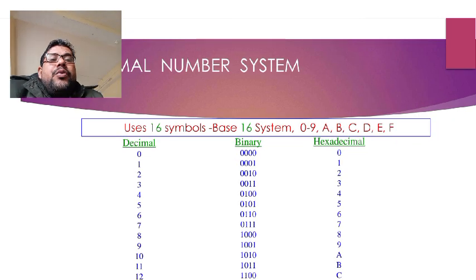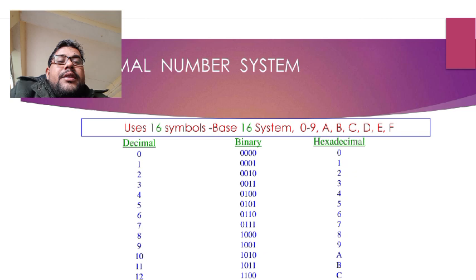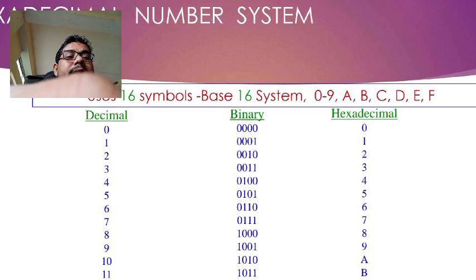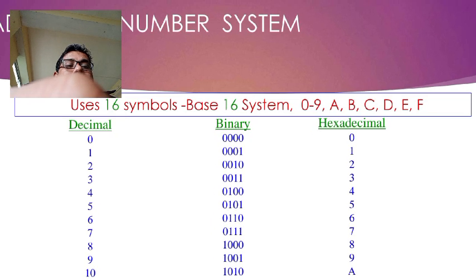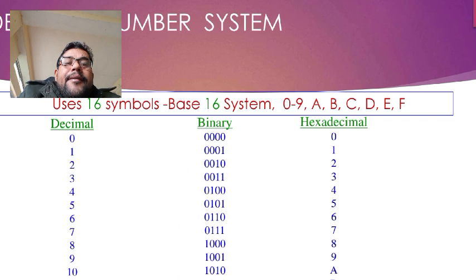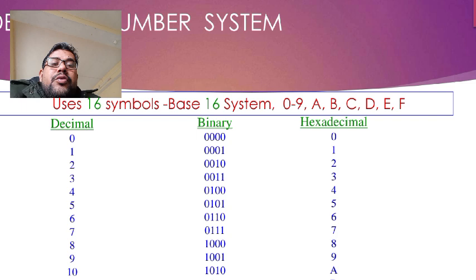Suppose a number is 0 in decimal, the binary will be 0 and hexadecimal will be 0. Suppose the decimal number is 1. We have learned how to convert a decimal number to binary, so binary is 001, and hexadecimal is 1. For 2, binary is 010, and hexadecimal is also 2.